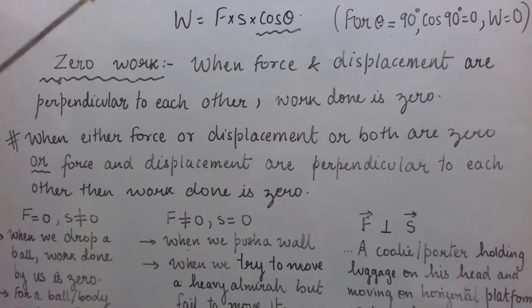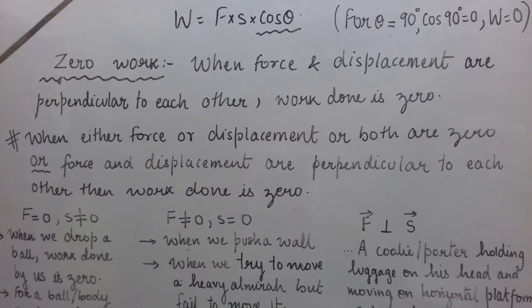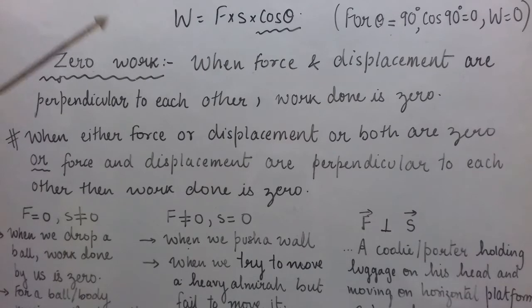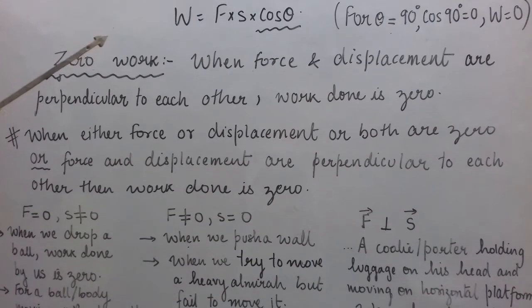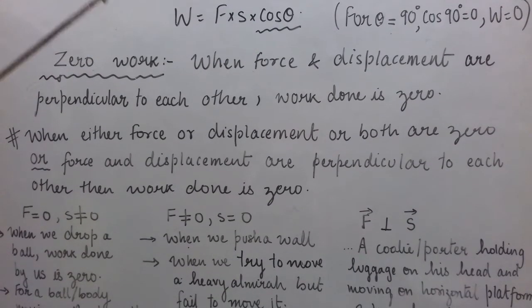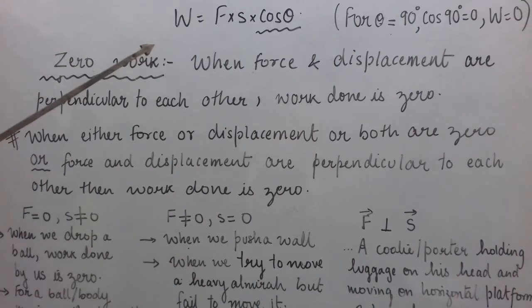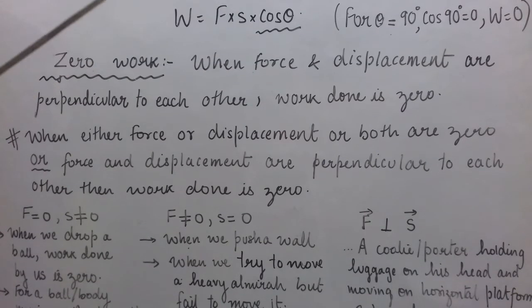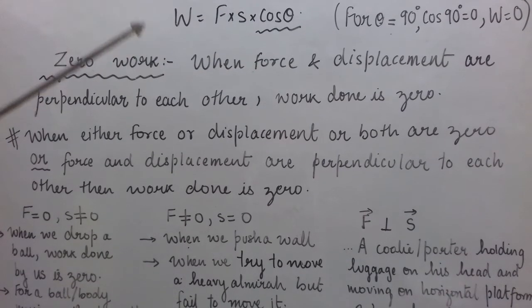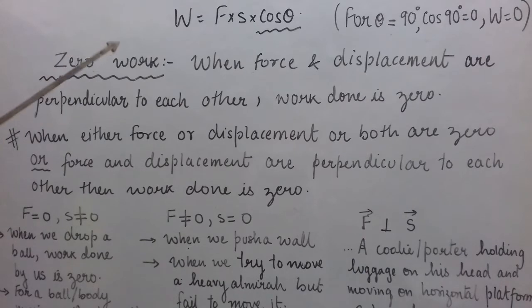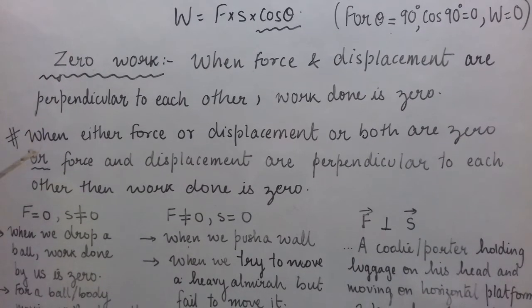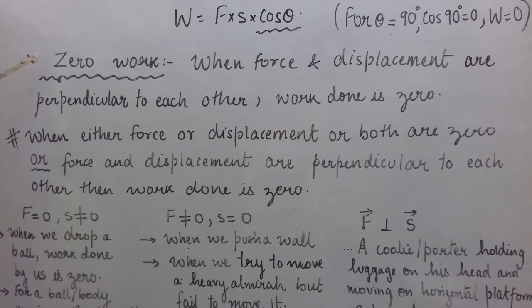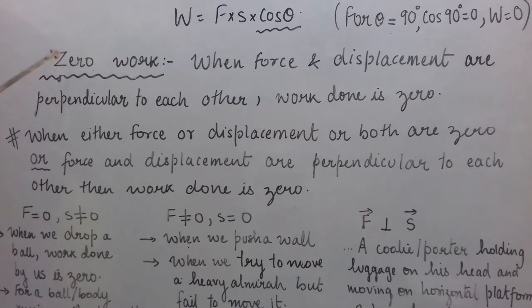It means if F is 0, then also work done is 0 because 0 into S into cos theta will be 0. If F is not 0 but S is 0, then again work done will be 0. Or if F and S are not 0 but theta is 90 degrees, cos 90 degrees will be 0, so work done will be again 0.